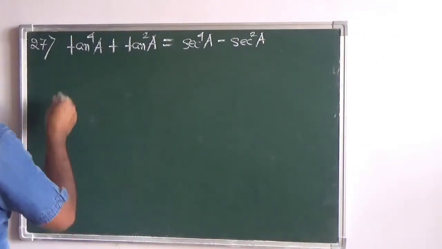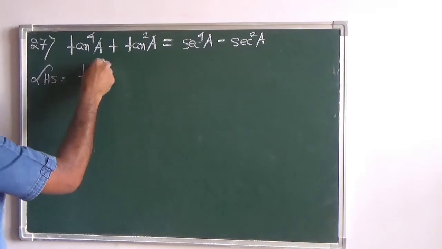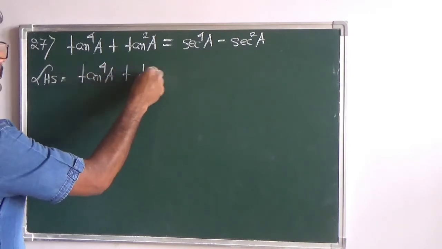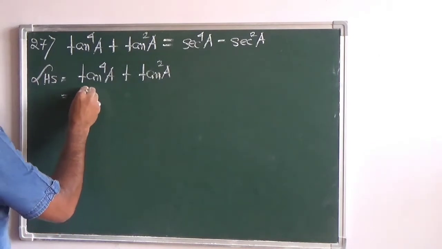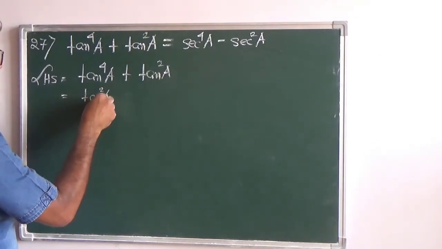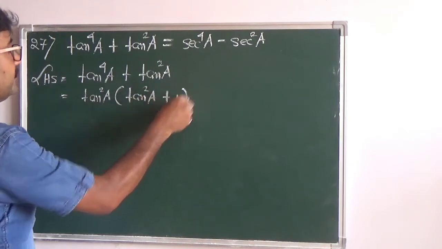So again, starting from the left hand side, we have tan 4 A plus tan square A. If we take tan square A common, we have tan square A into tan square A plus 1.